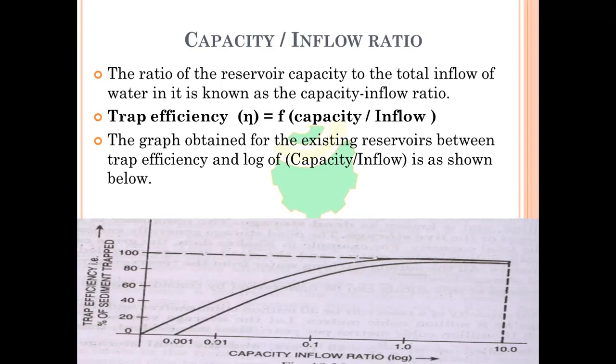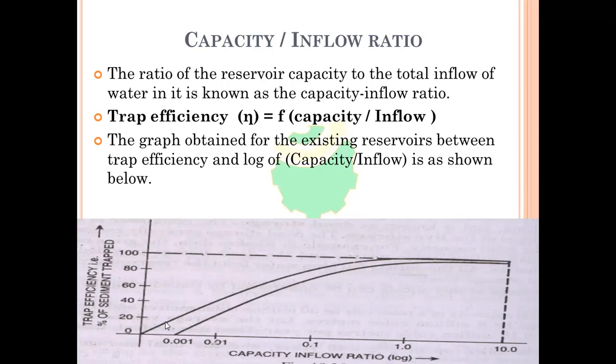Trap efficiency is also known as a function of capacity by inflow. Now we can draw a graph between trap efficiency and capacity inflow ratio. The graph should be a semi-logarithmic graph. In that graph, we take the capacity inflow ratio on the x-axis, the logarithmic side, and trap efficiency, or percent of sediment trapped, on the y-axis.